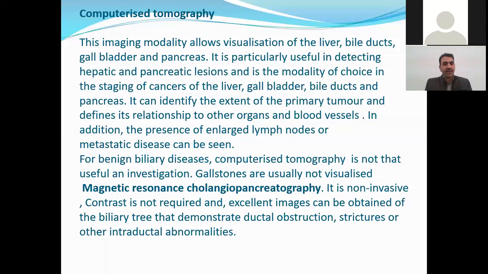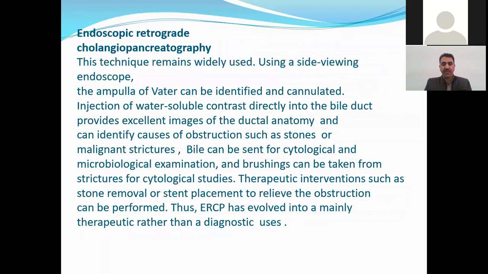Another form of investigation is called magnetic resonance cholangiopancreatography. This is very important compared to CT scan because it is non-invasive, contrast is not required, and excellent images can be obtained of the biliary tree that demonstrate ductal anatomy, ductal obstruction, stricture, or other intraductal abnormalities.